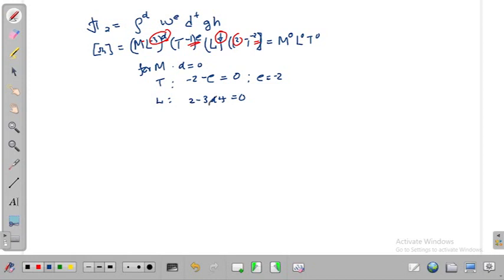So d is 0, so we'll be able to get our expression for f as being equals to -2. So once you have done that, we get our pi 2 is equals to gh over omega squared d squared. This is called usually the head coefficient.